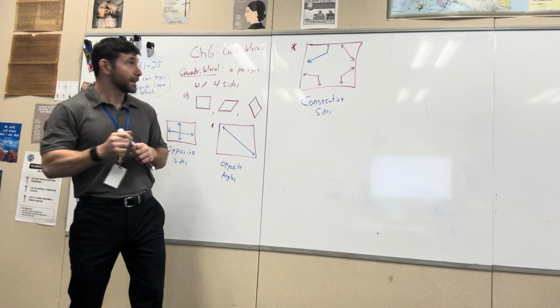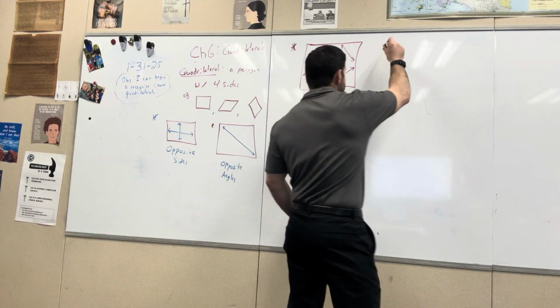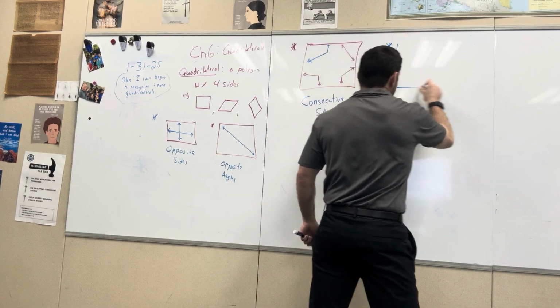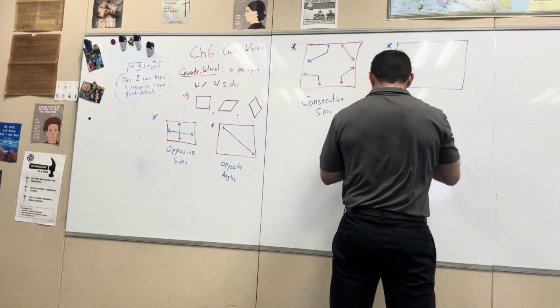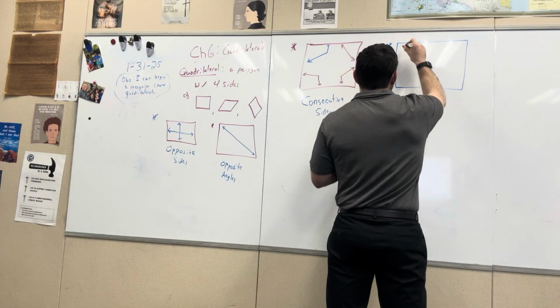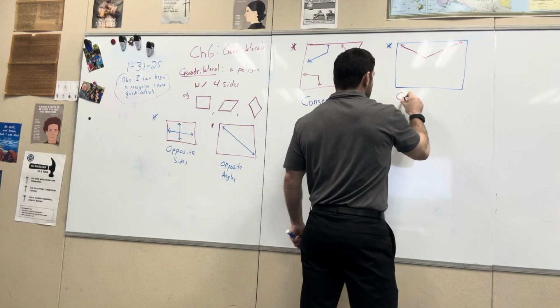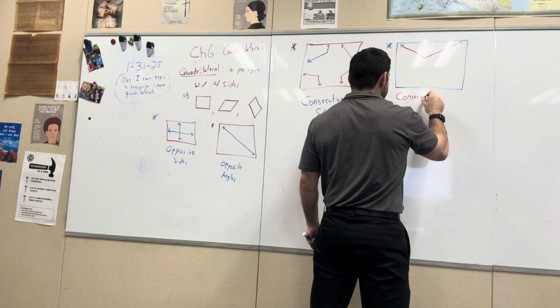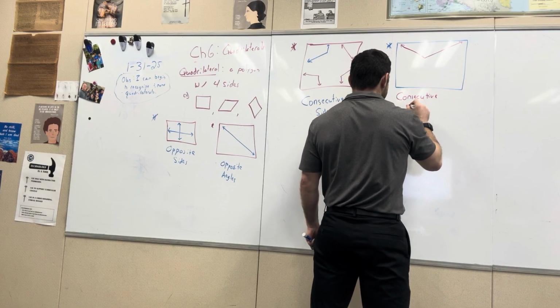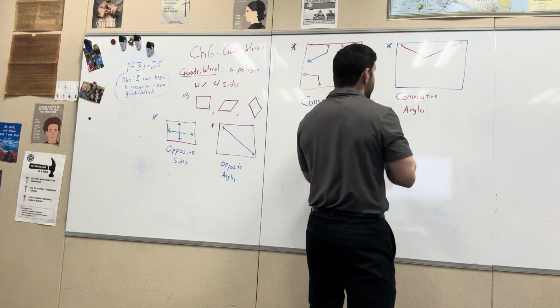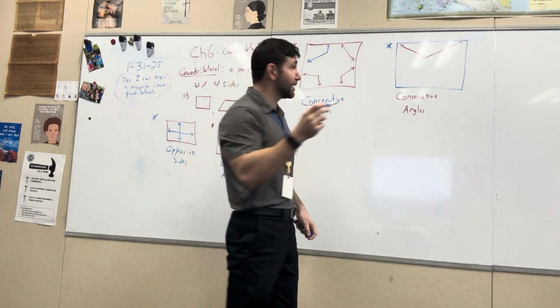Yeah. Last but not least, I bet you can guess based off of what we've done so far. That's right. We have consecutive angles. 2 angles that are on the same side.